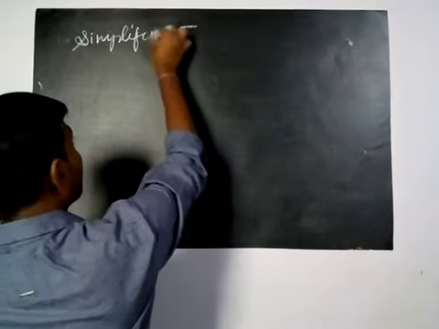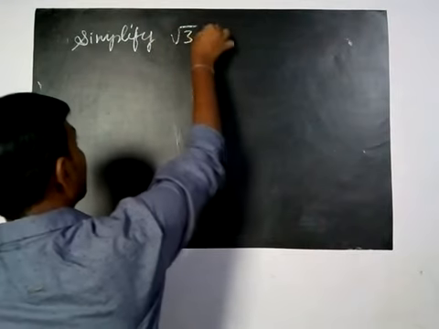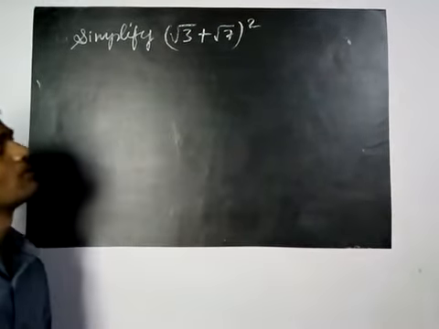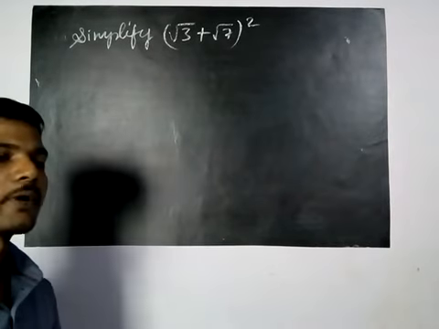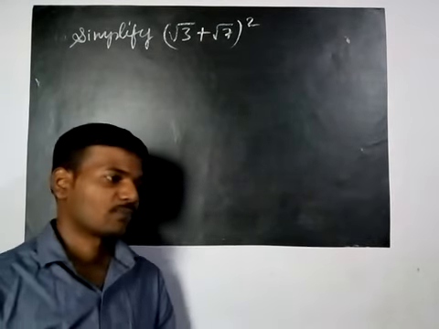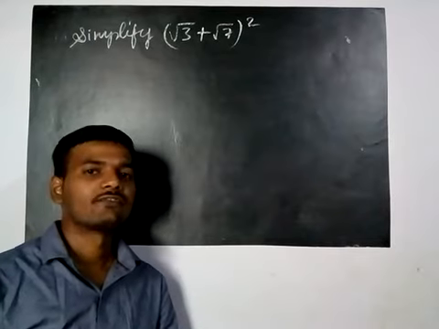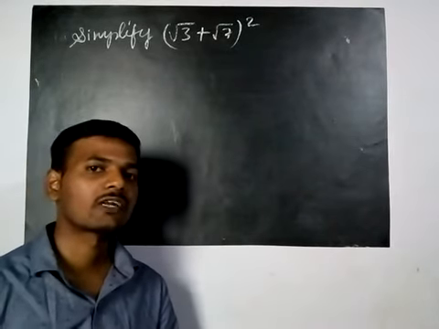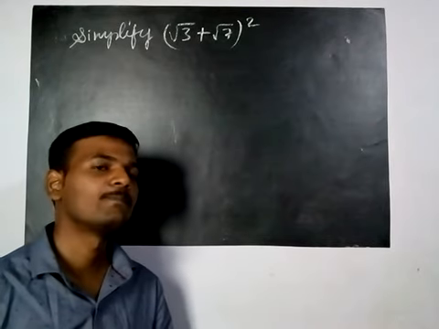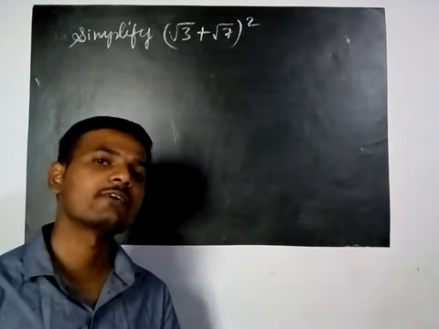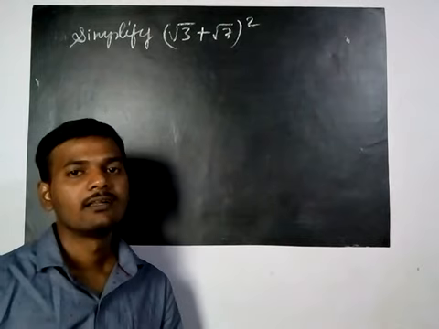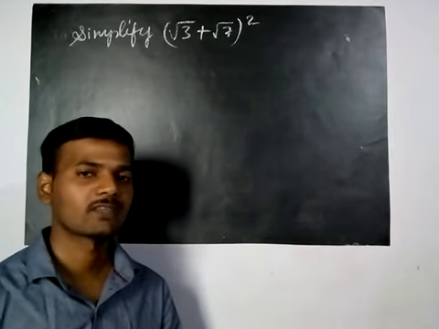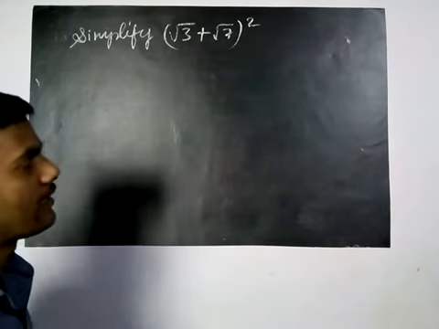Simplify root 3 plus root 7 whole square. You know the formula for the whole square of irrational numbers. What is that? Root a plus root b whole square is a plus b plus 2 root ab. Let me apply that.